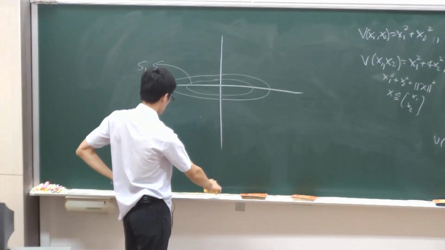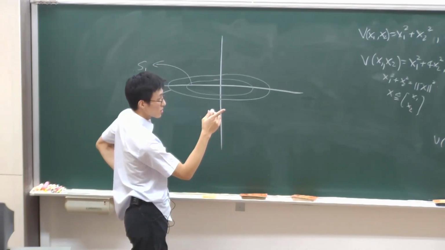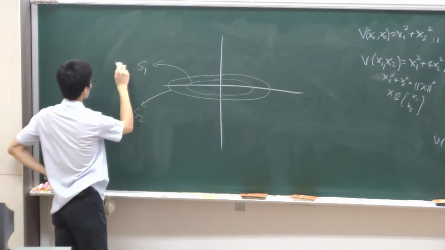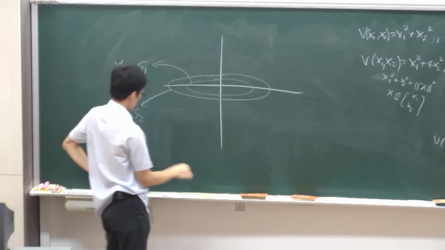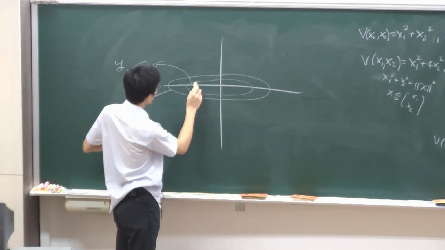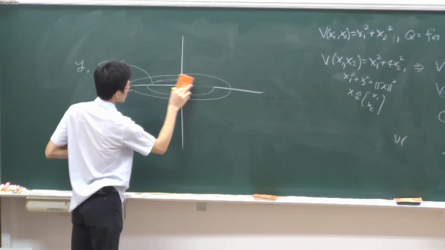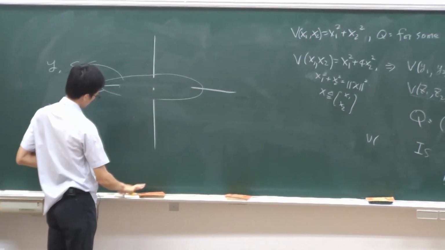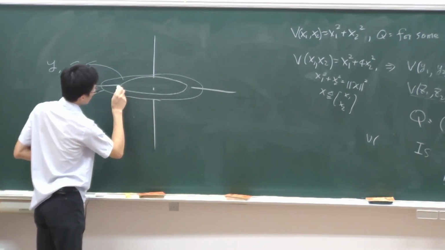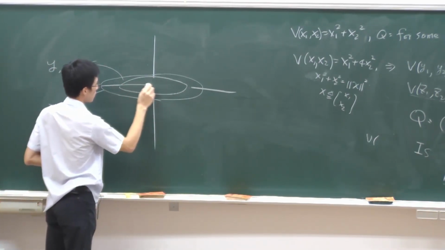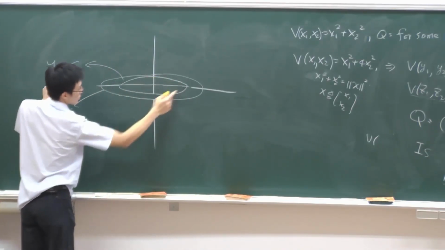And that argument, this is Y1, Y, Z, right? Y is any point on the orbit, and let me choose. If I choose Y to be any location on this orbit, right?